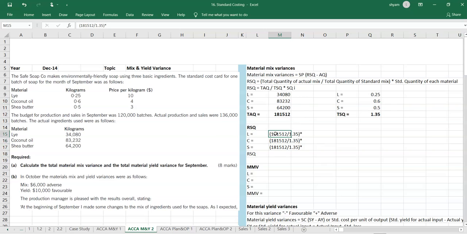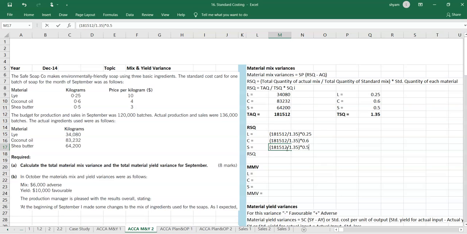What is different is the SQ of each item, which is individually 0.25, 0.6 and 0.5.